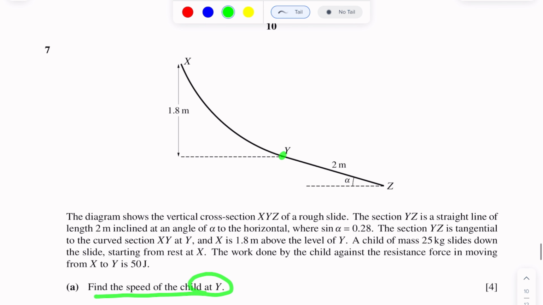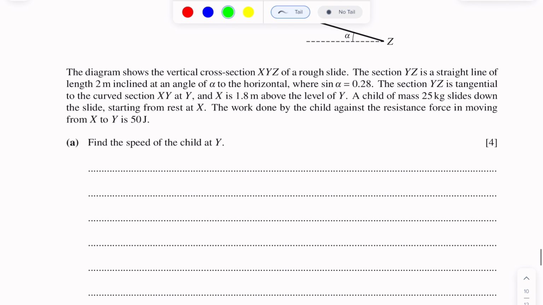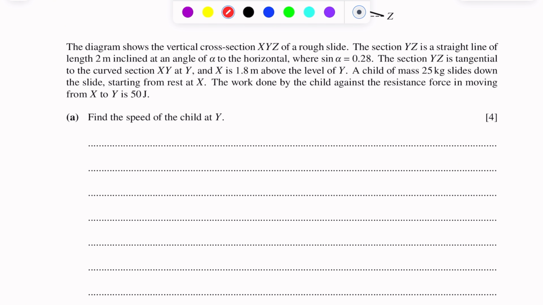So we will use here a work energy equation, or simply work energy relation. This is a very important formula for work, power and energy.